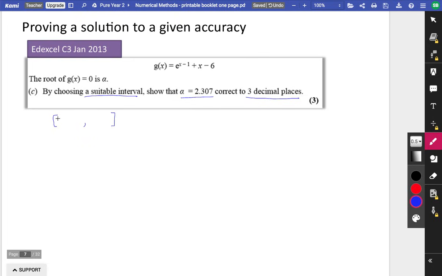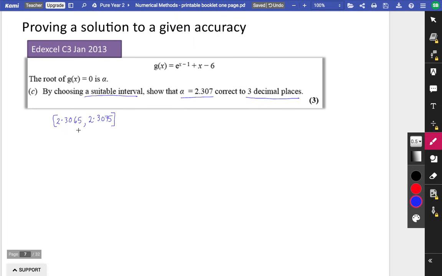Well, the bottom one of this would be 2.3065. If you rounded that to 3 decimal places, it's going to go to 2.307. And the top end is going to be 2.3074999999, which we can actually just say is 2.3075.